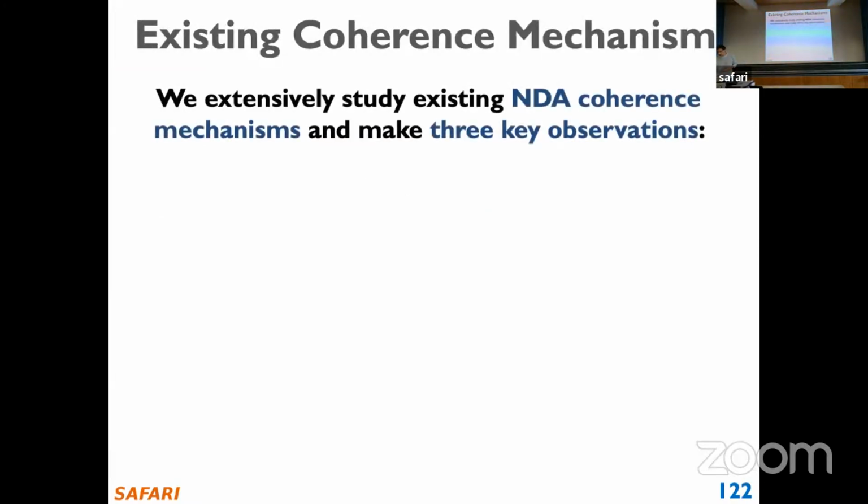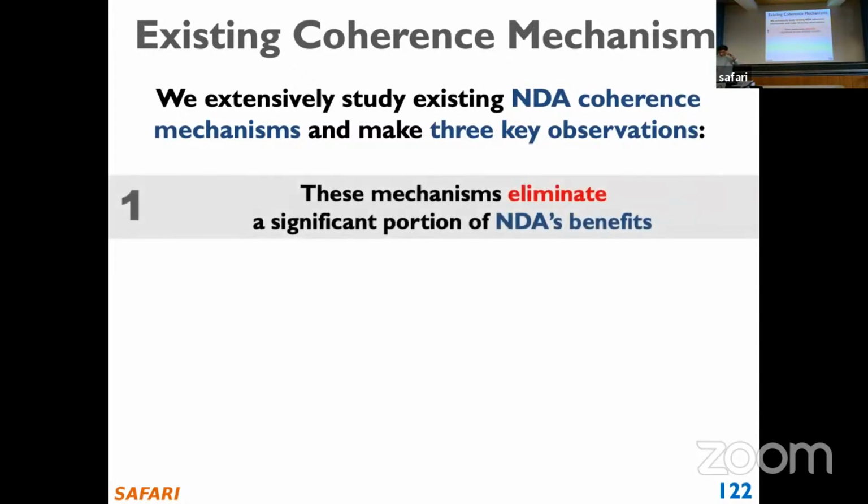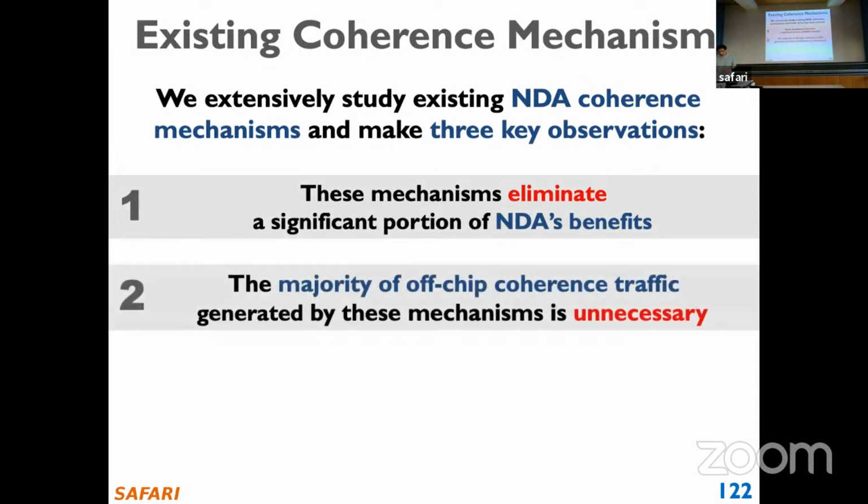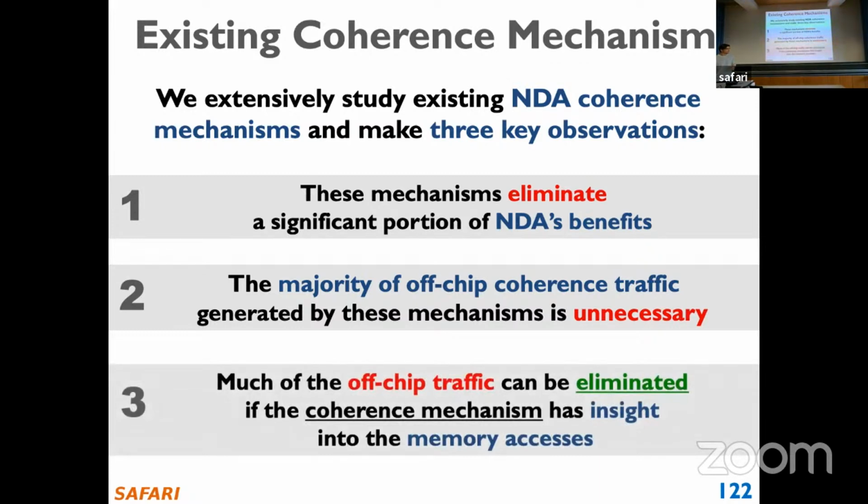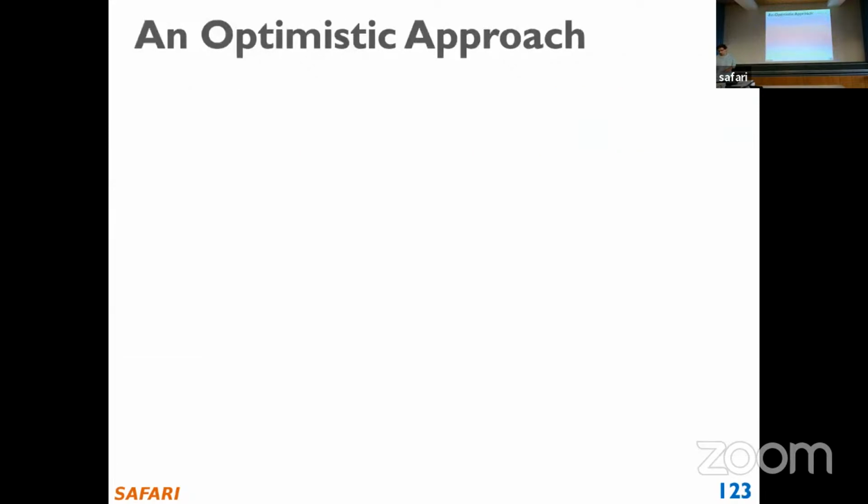Existing coherence mechanisms have some problems: they partially eliminate some of the benefits of NDA, and they also have a lot of coherence traffic to maintain coherence, and this coherence traffic could be unnecessary. Much of this off-chip traffic can be eliminated if the coherence mechanism has insight into the memory access.